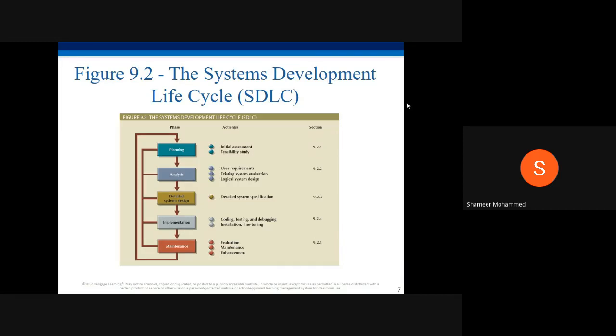Okay. So in the second stage of the systems development life cycle, you will analyze the data, then design the logical system. Third phase, when you move on, is the detailed design. See, now you don't have any details.